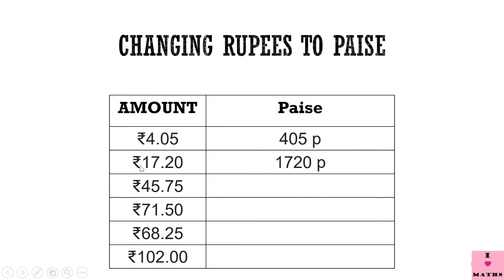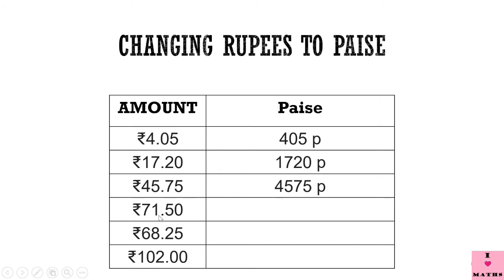We have just removed the rupees sign and the point, and we have got the paise. Now rupees 45 and 75 paise. How many paise are there in this whole money? So we will remove rupees sign and remove the dot, and the answer would be 4575 paise. See how easy it is?